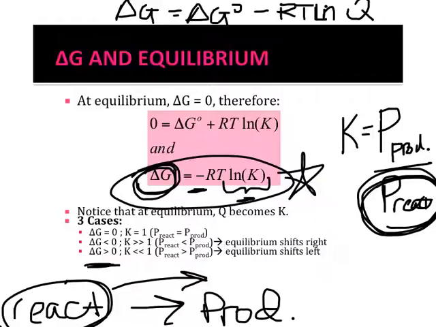And for K to be a small value, my reactant concentration has to be very high. So the bottom number here is a big number for K to be small. If I have a high reactant concentration, the equilibrium will shift to the left.